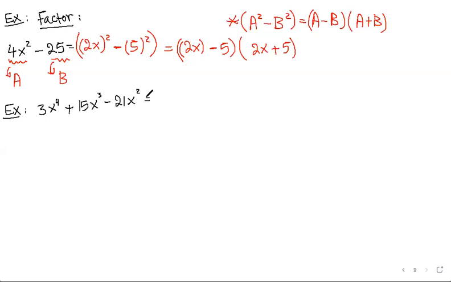How can we think for this one? What idea do you have? 3x squared. Dividing it all by 3? No, you cannot divide all of this.